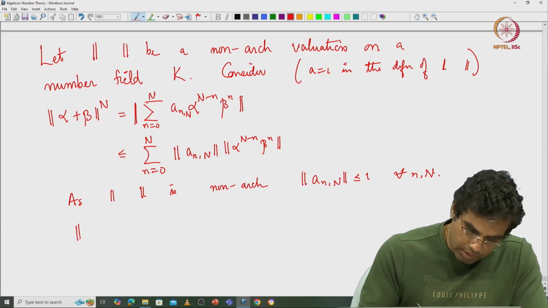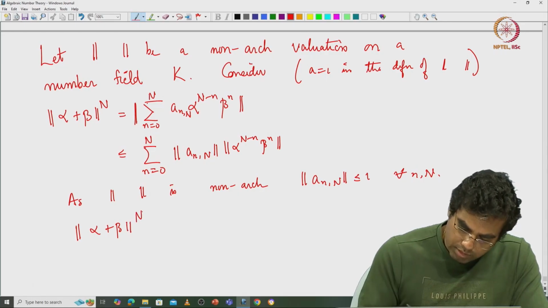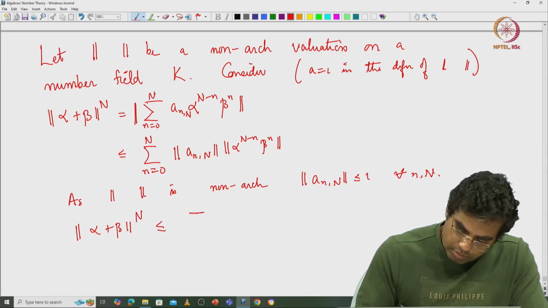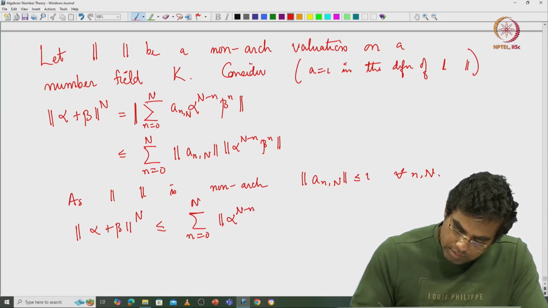So I will rewrite the whole thing, taking into consideration this inequality. This is less than or equal to the summation n going from 0 to N of valuation of alpha to the n minus n, beta to the n.